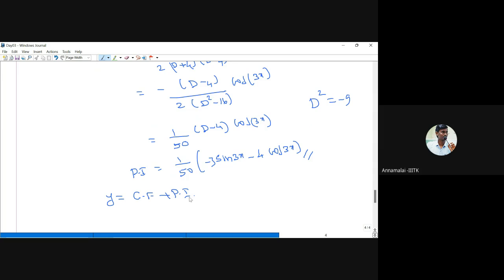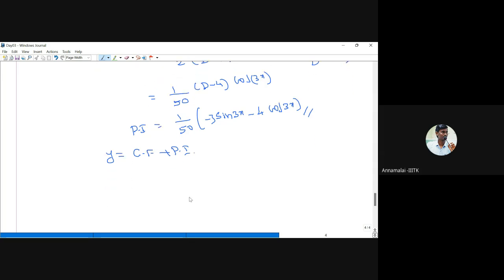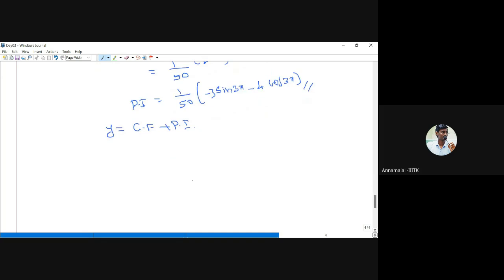Now, another thing. Suppose the right hand side is a polynomial in terms of x. So the next type, type 3.